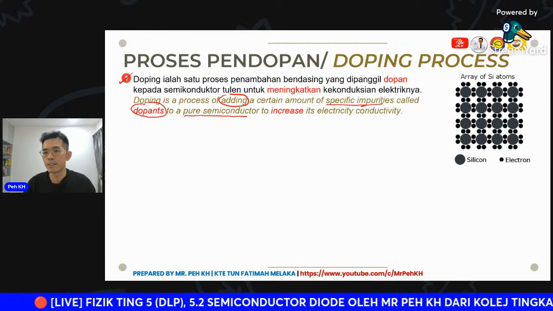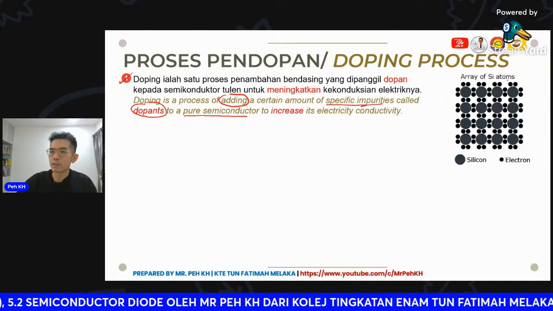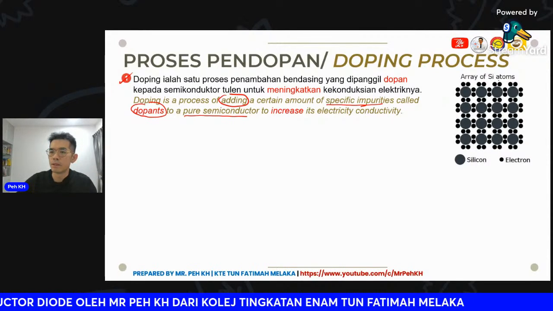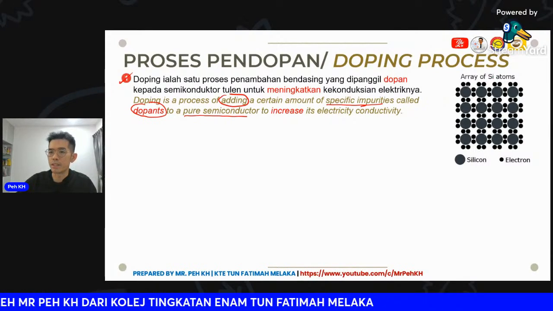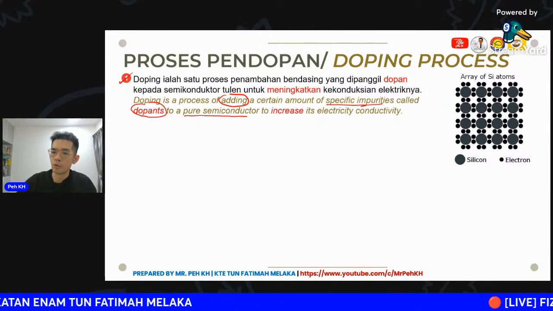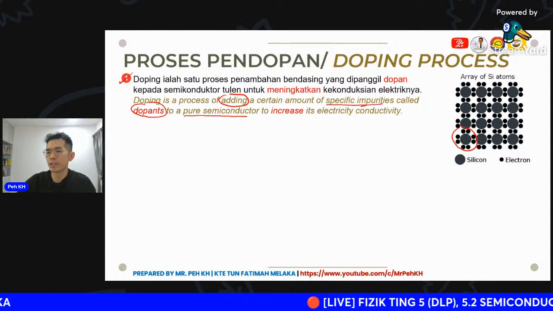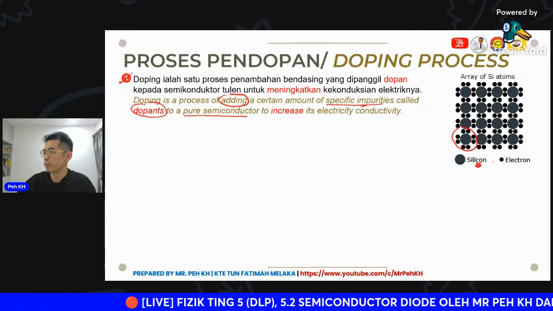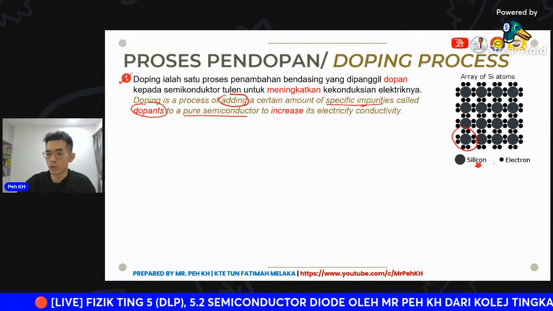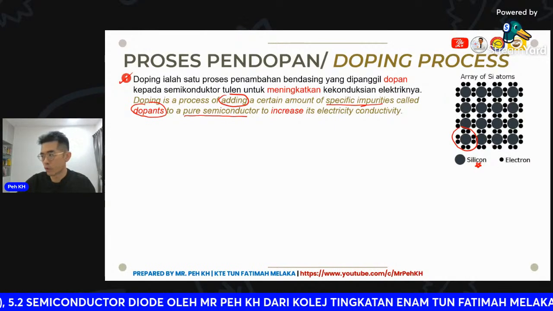Okay, so here this is a figure of a pure silicon atom. You can see here all of the silicon will be surrounded with 8 electrons. This is because silicon itself, as mentioned, has 4 valence electrons, and the neighbor will have another 4 electrons.